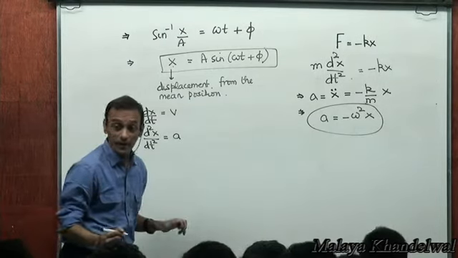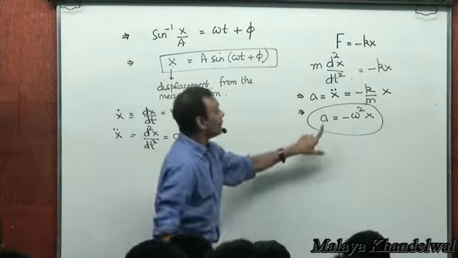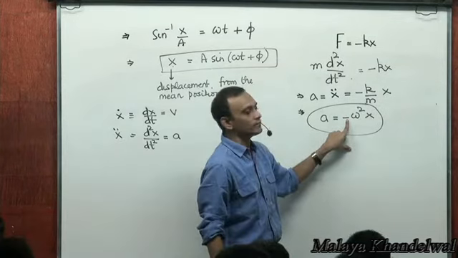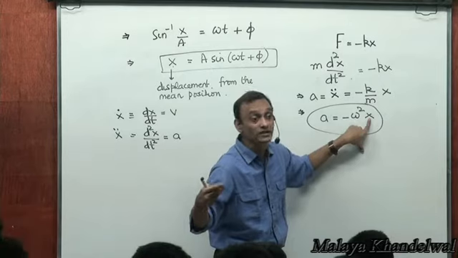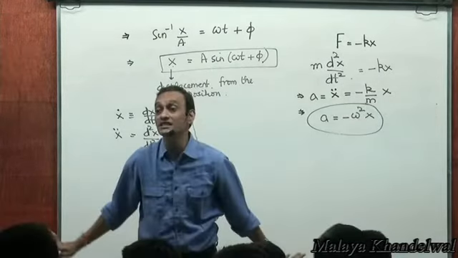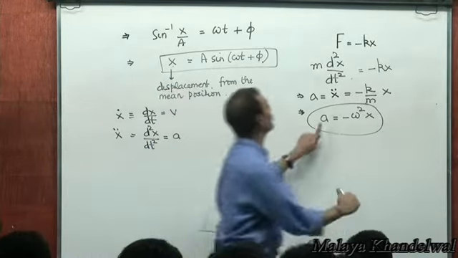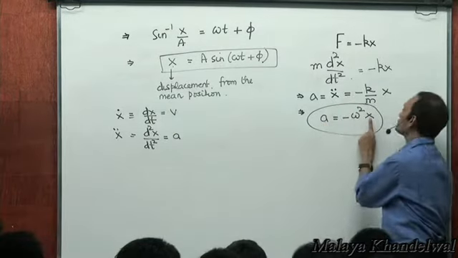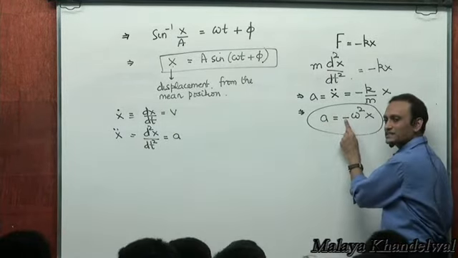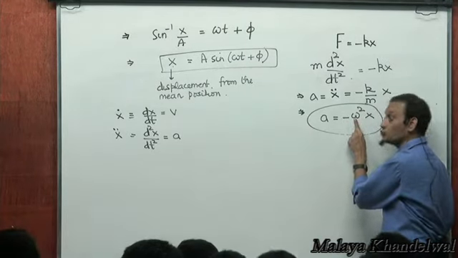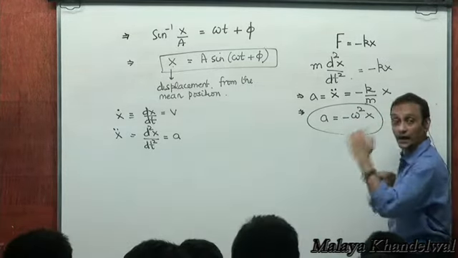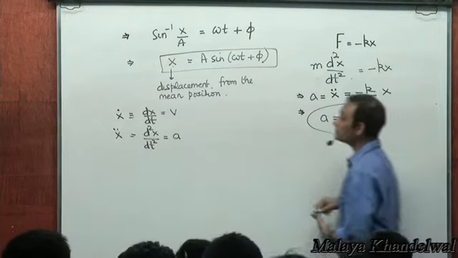Every time you find that acceleration is minus some omega squared, a positive number, into x, you can conclude that the motion is simple harmonic. Every time you find that the acceleration is proportional to x with a minus sign like this, with this being a positive constant, you can conclude the motion is simple harmonic, right?